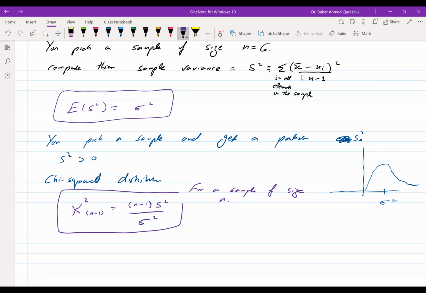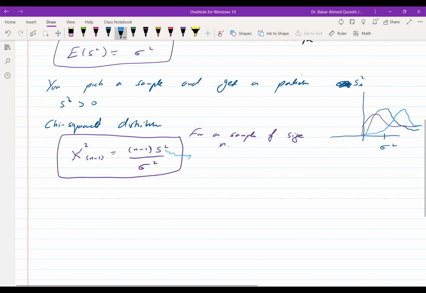This is the relation of a chi-squared, which is a standard distribution, just like we have a standard normal whose properties we can look up in tables. Similarly, this chi-square is a standard distribution, and depending on what value of n you are using, it takes certain kinds of shapes. We don't need to compute. We have tables and calculators to do it for us. But this is the relation between your random variable S square and this chi-square distribution.